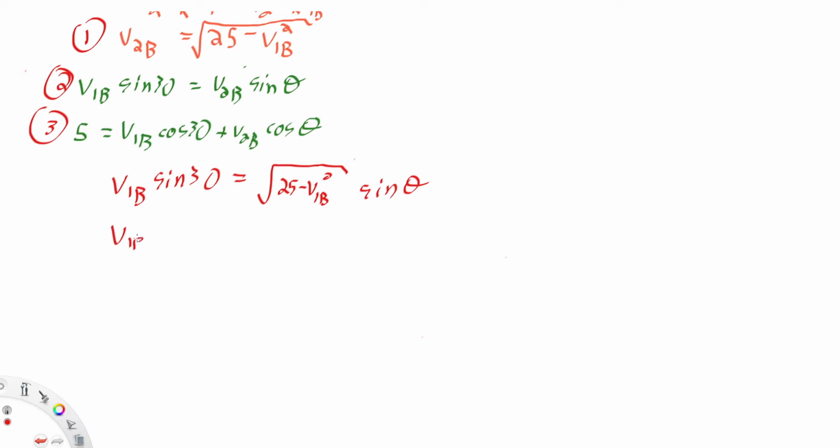So we get v1b squared sine squared 30 equals 25 minus v1b squared sine squared theta. We want to put all the v1b's on the left-hand side. Everything without a v1b can stay on the right-hand side. So we take this minus v1b squared sine squared theta term, add it to the left-hand side, and we can factor out a v1b squared.